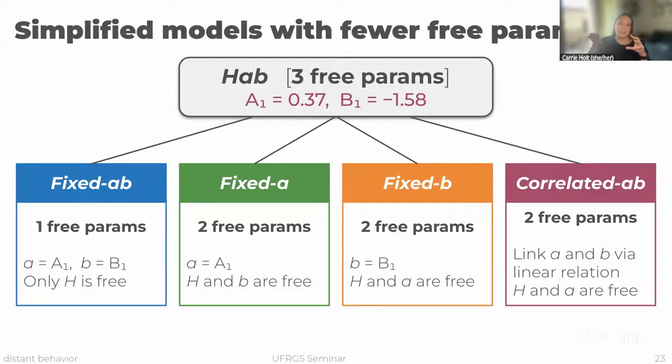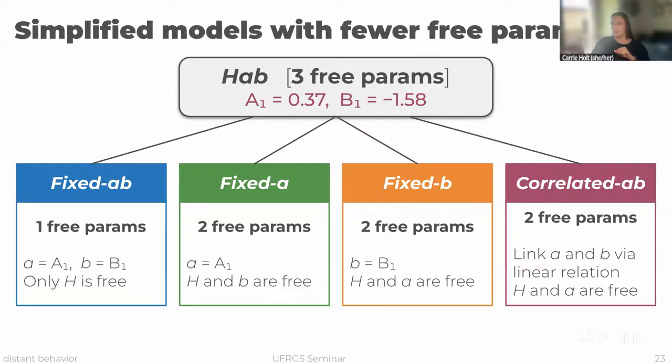So we tested several different types of nested models based on the anchored values that we got from that original distribution. We can take our A1 as 0.37 and B1 as 1.58, and we separated it into essentially fixing those numbers in the model, either both or one, and then also adding one for the correlation.